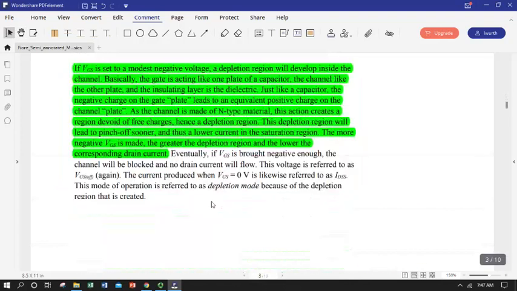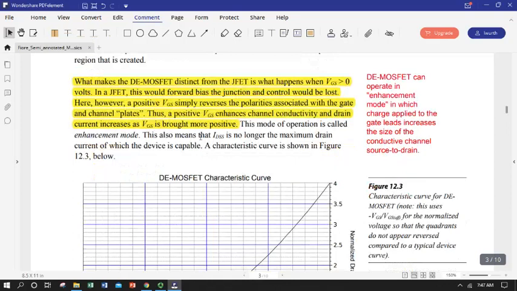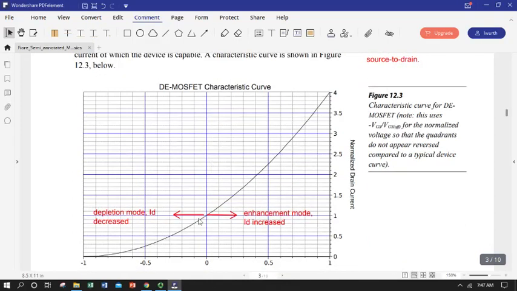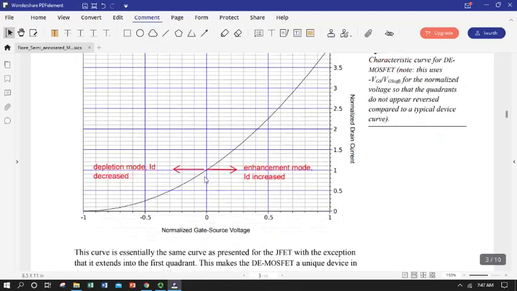So a depletion mode MOSFET can work by throttling your current, by applying that opposite charge to the gate in depletion mode, or you can widen the channel a bit, and that's known as enhancement mode. So here's a normalized curve showing normalized gate to source voltage and normalized drain current.